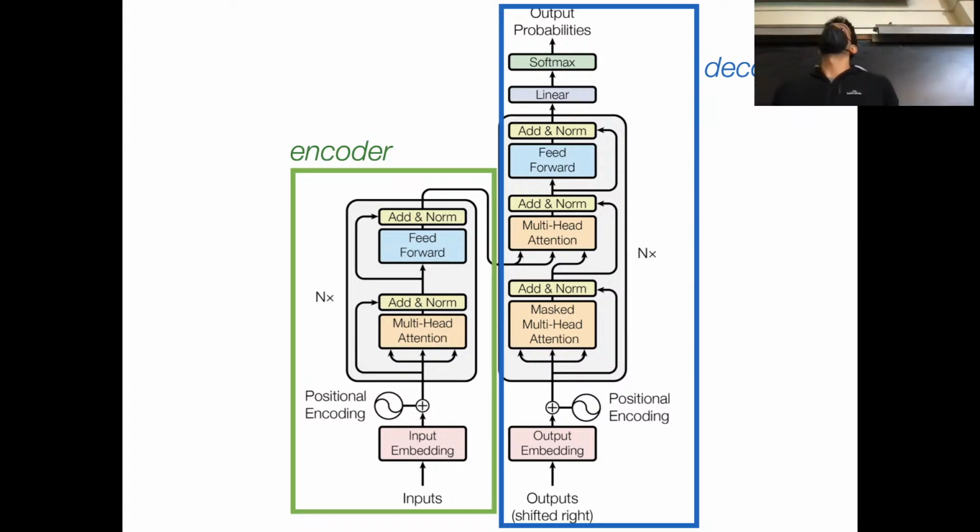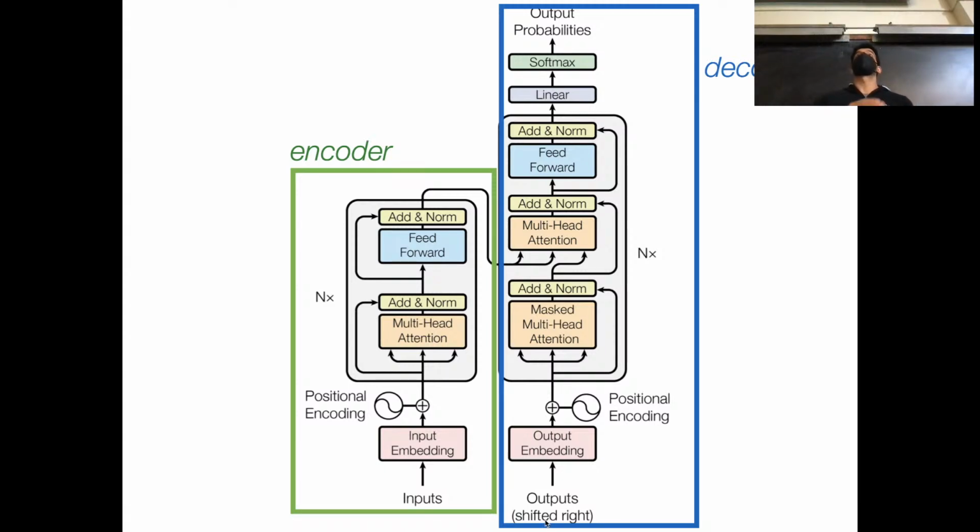What are the outputs of this block? Oh, you mean this? So the question is, what are these outputs? You can think about these outputs as just the prefix of the English translation that I've generated to this point. So during training, I have the entire ground truth sequence because my training data contains full French, English language pairs.